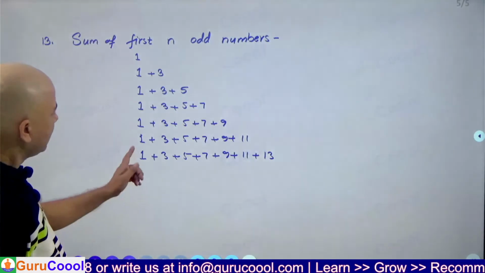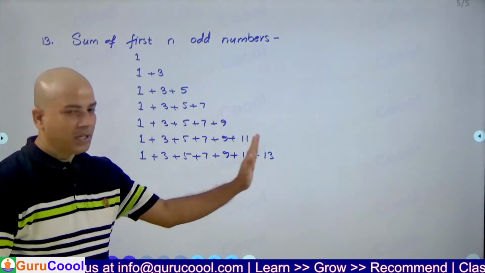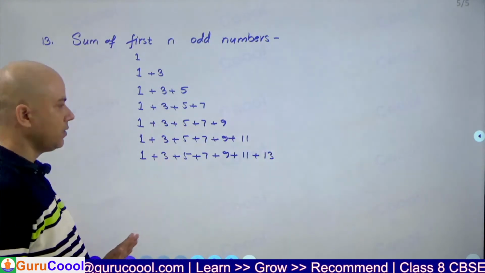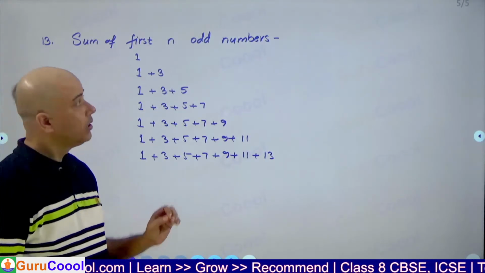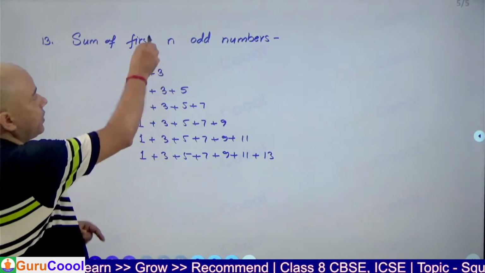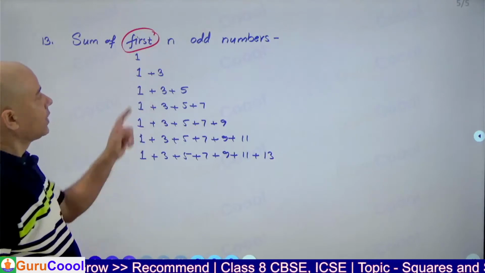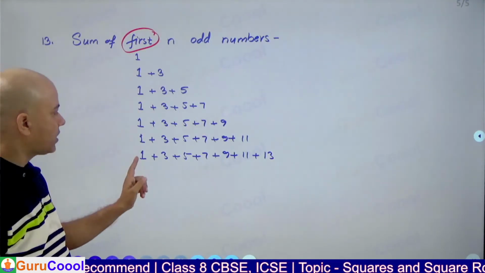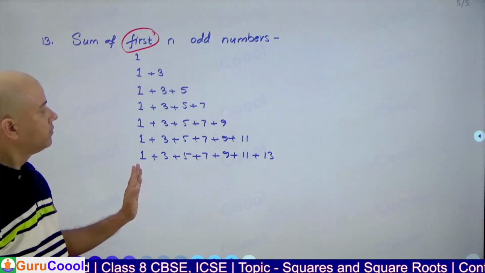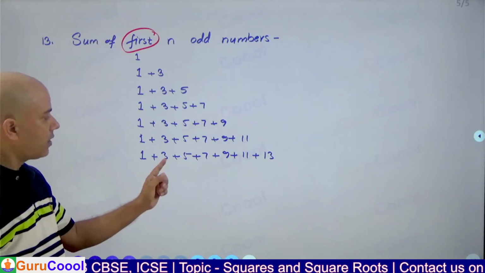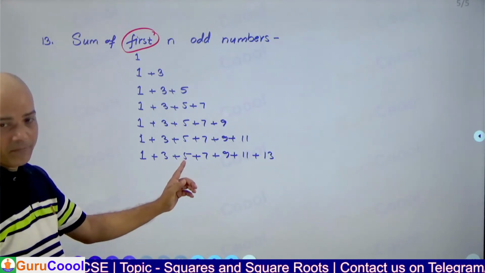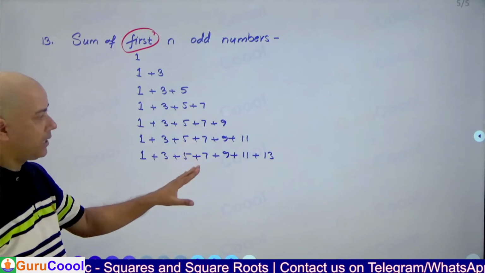You can take as many odd numbers as you want, but make sure you take the first n. First means you have to start with 1 only. You cannot start with 3 or 5 for what I am teaching.